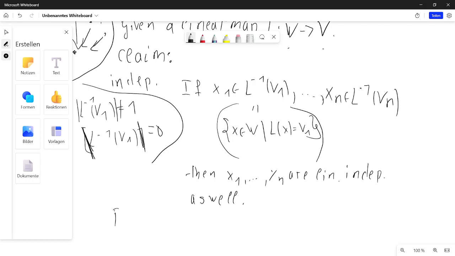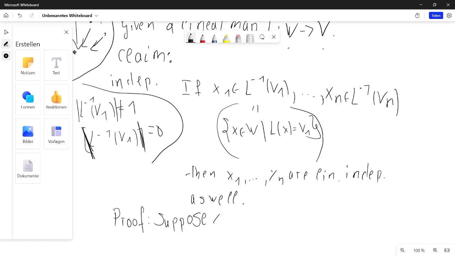Let's see how we prove that. Proof. Suppose, I think that's very easy actually. That's just the linearity, and that linear independence is actually defined in linear terms.